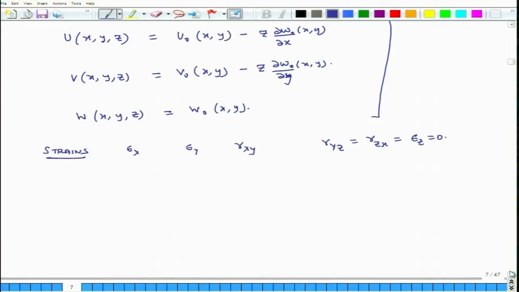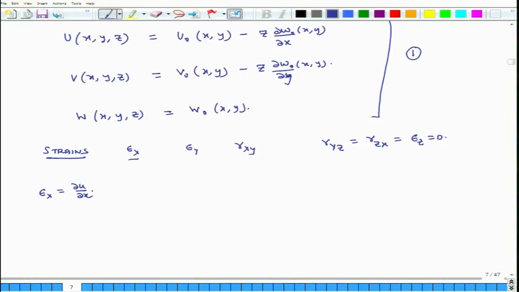These are equations 1, and what is epsilon x? Epsilon x is nothing but del u over del x. It is the partial derivative of u with respect to x.